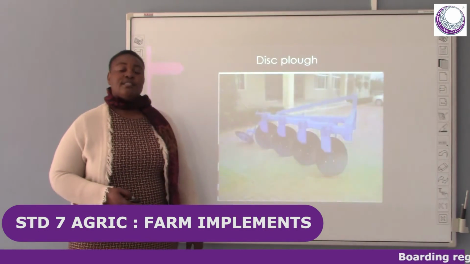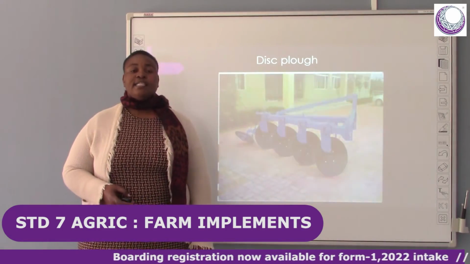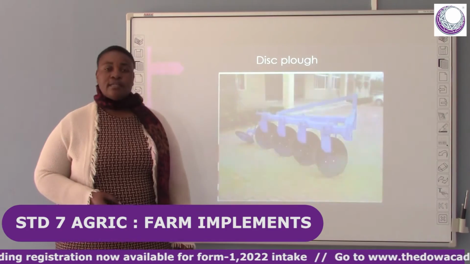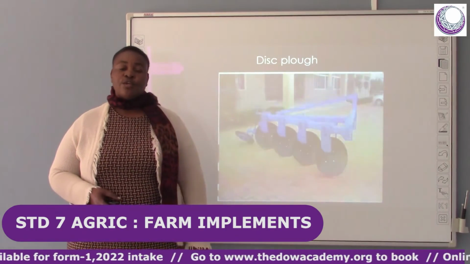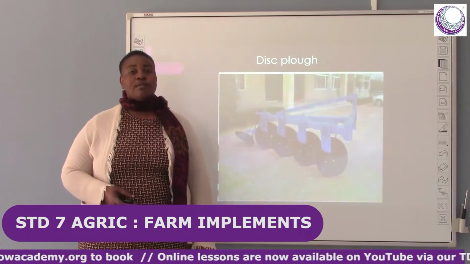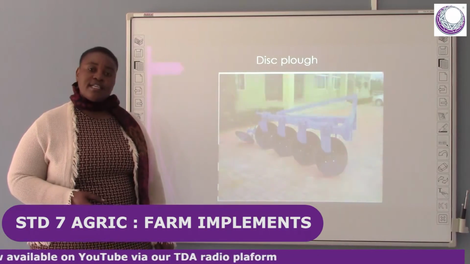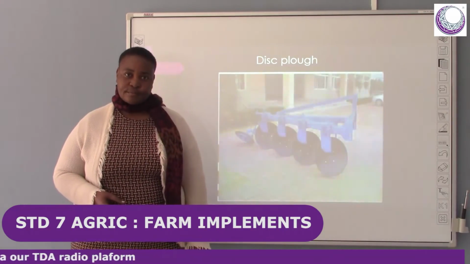Primary tillage is usually done for various reasons. It helps loosen the soil so that the roots and the water can penetrate easily. It also helps to improve the drainage of the soil as well as the aeration.